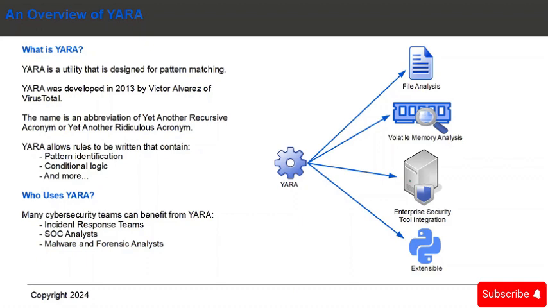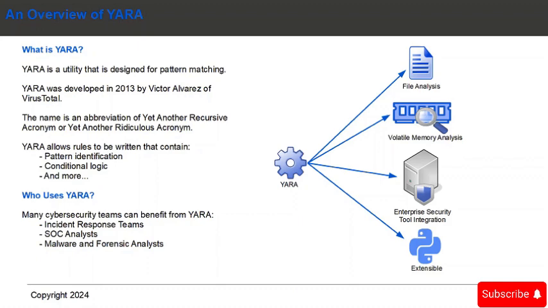That's what the YARA name was based on. And YARA allows you to define a number of different rules that can contain pattern matching and pattern identification, conditional logic, and more. These rules can be applied to a file for analysis. They can also be applied to a process that is running in memory for analysis.